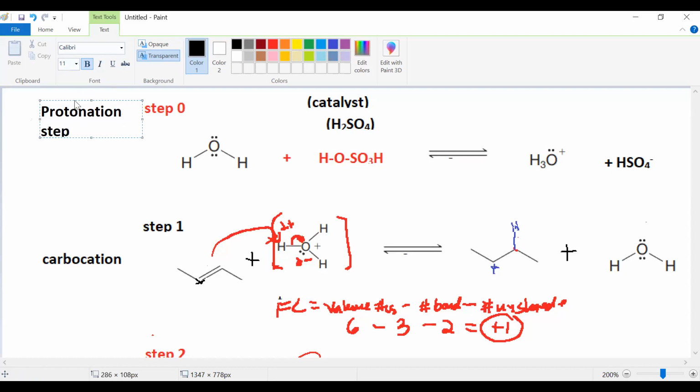Okay, so you have your protonation step here. Step 0 is always the protonation step to get your H3O+, and that becomes your reactant here. Your H3O+ becomes the reactant here to start with your alkene, the protonation of your nucleophile.